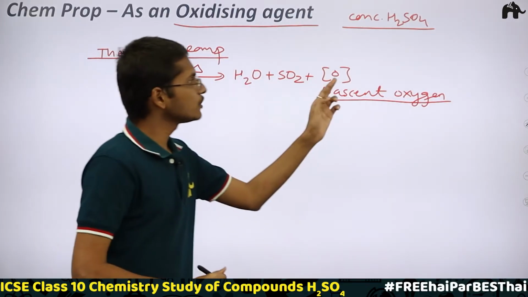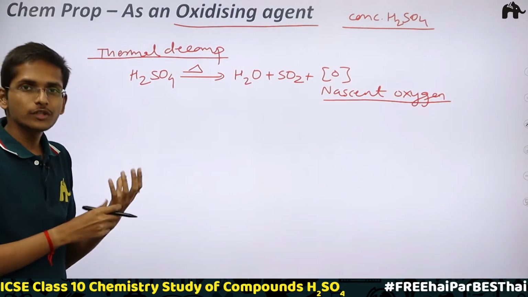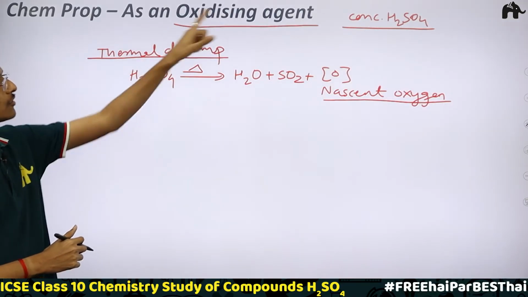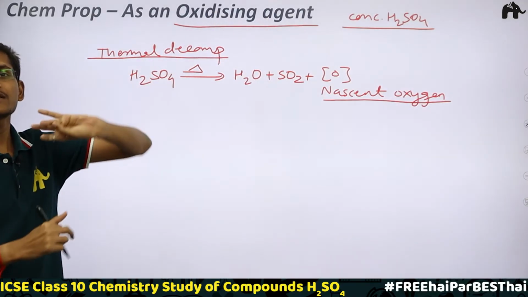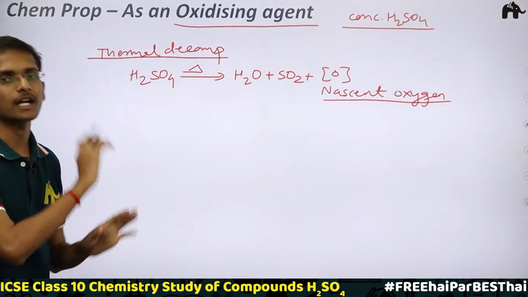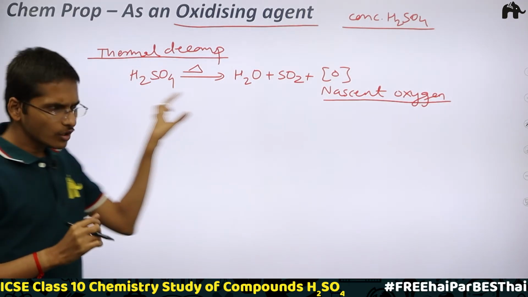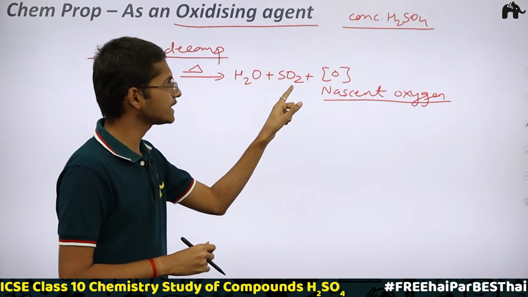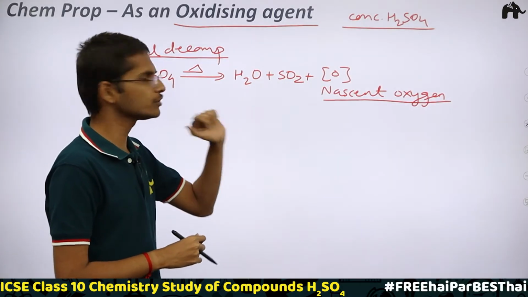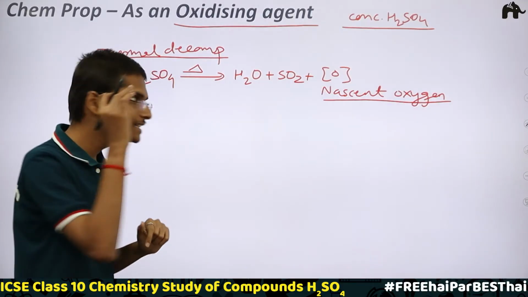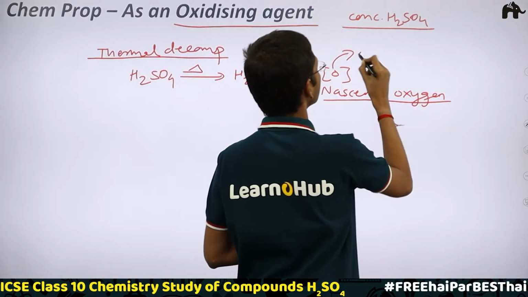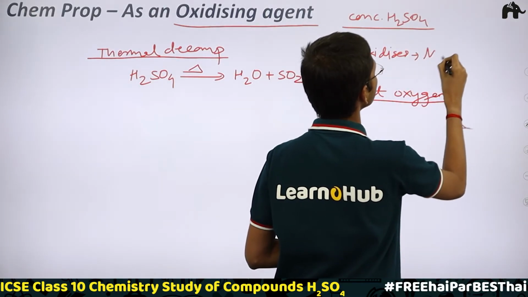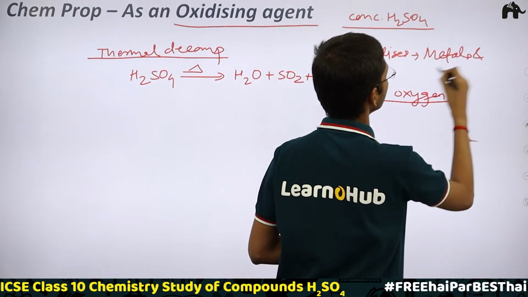Now this reaction would help you to remember the reactions of concentrated sulfuric acid with carbon, sulfur and copper, which we have to study in our syllabus. So what actually happens is this thermal decomposition takes place and water and SO2 are formed along with the nascent oxygen, and this nascent oxygen oxidizes metals and non-metals.